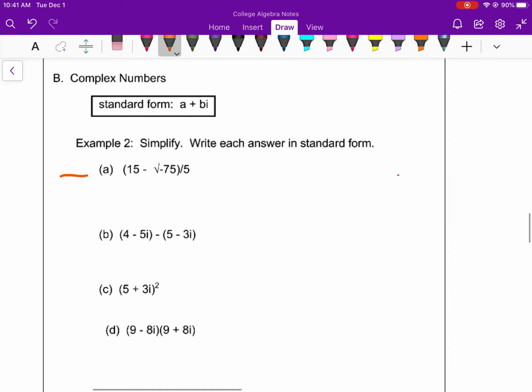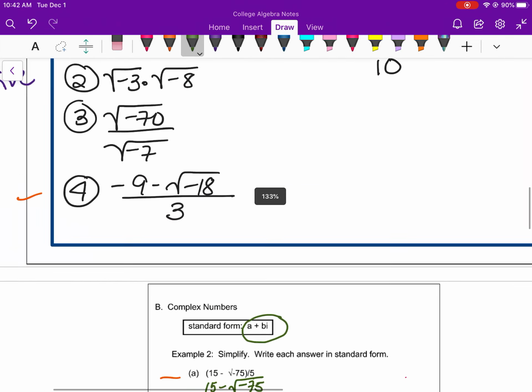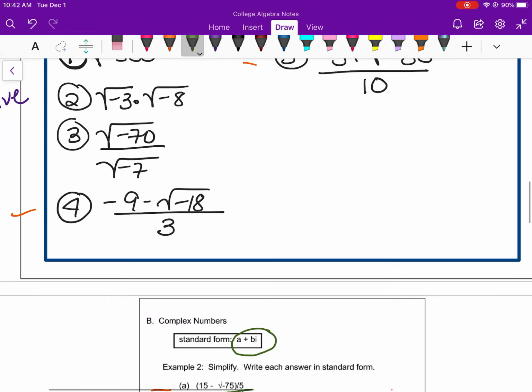All right. So for part A, we want to leave all of our answers in standard form. So that means a plus bi is how you write your answer. So this number 2A is this problem right here. And basically it's just carrying on with what we did up here with our negative under the radical.